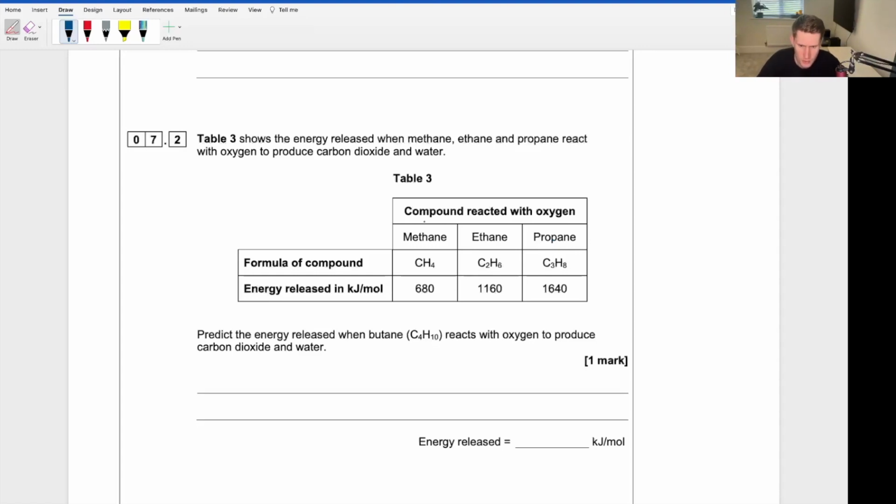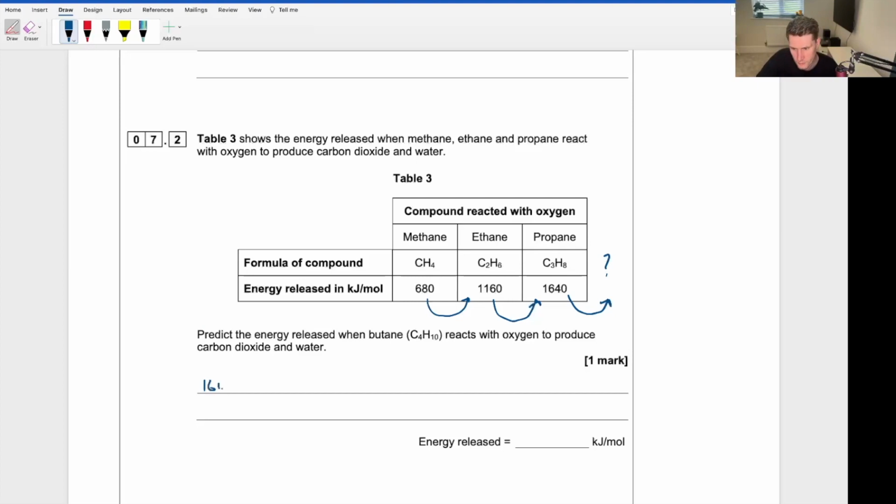Right, I'm going to look at how much it's increased by each time, and then I'll know what the next increase is. I know that the molecule after will be C4H10, so whatever that increase is, we'll have our energy released. So for that, I'll do 1640 minus 1160.